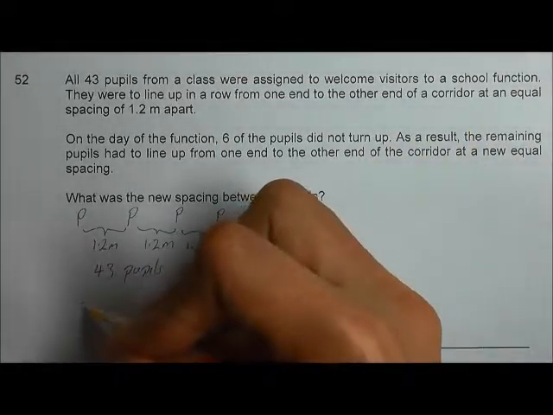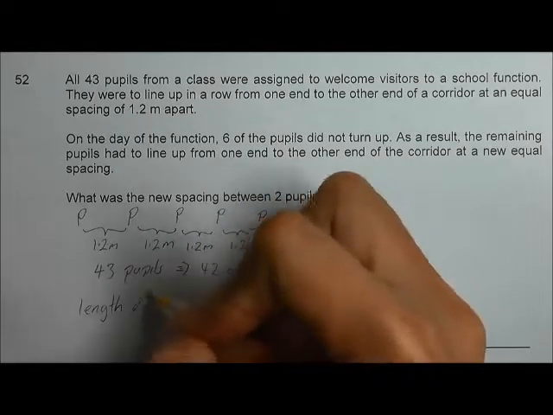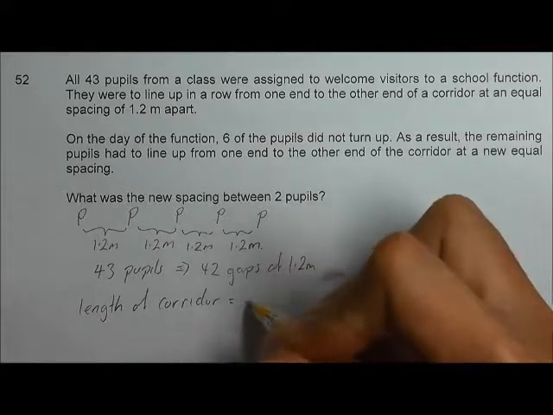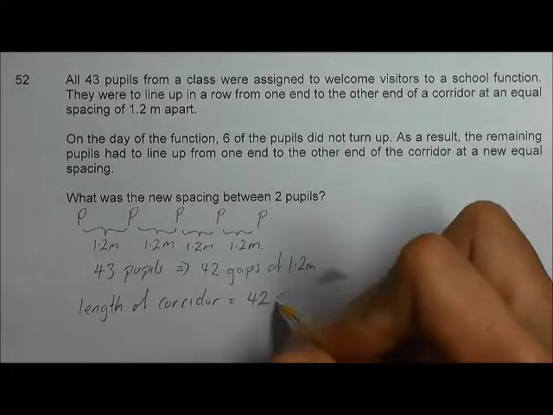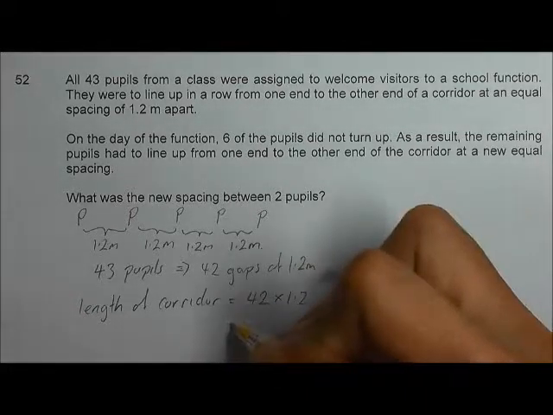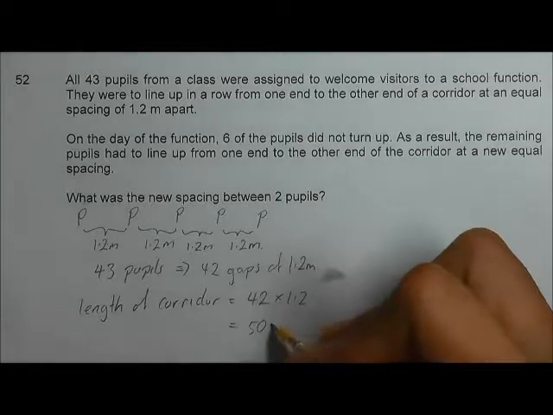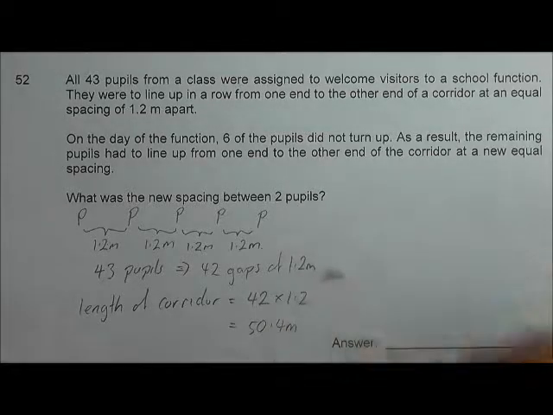So the length of corridor will be 42 multiplied by 1.2 meters. So the answer that we will get will be 50.4 meters.